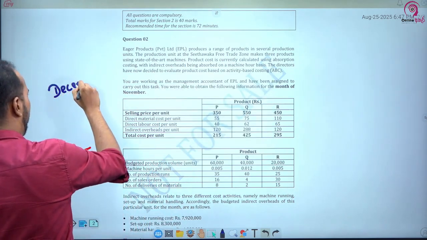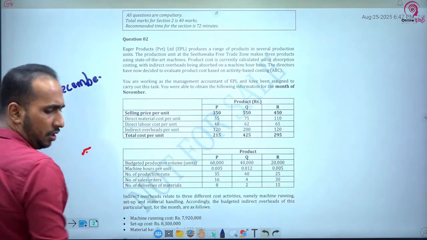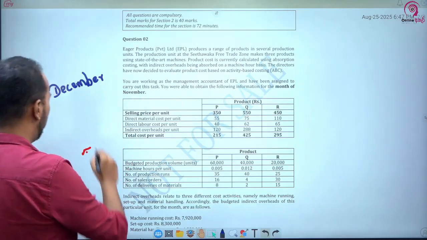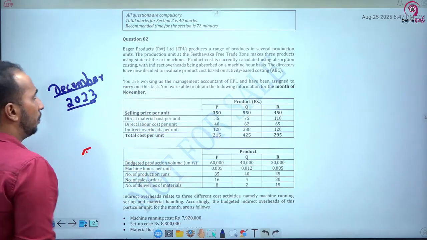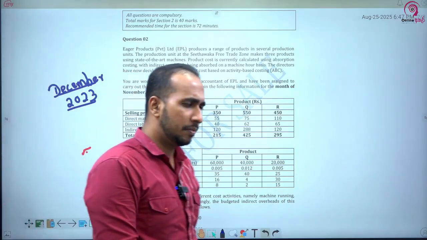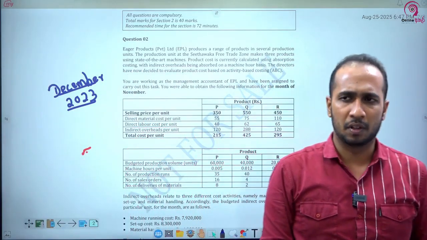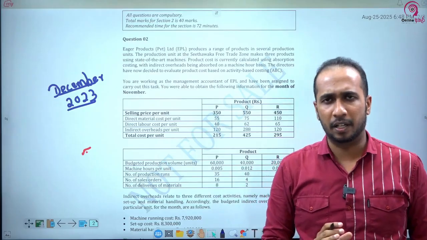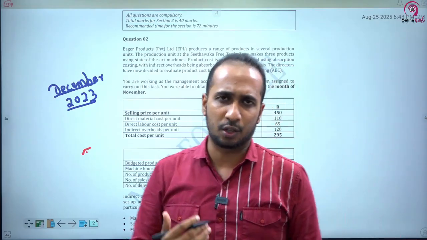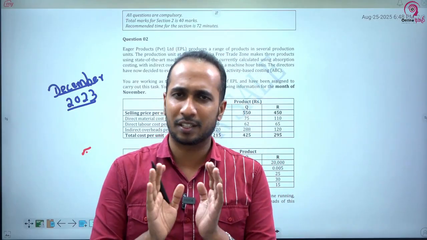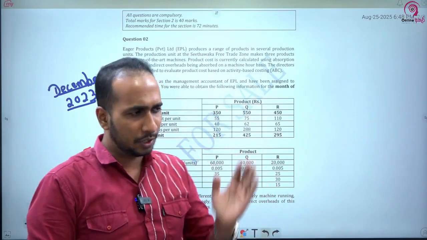So this question is based on activity based costing principles, and your knowledge in activity based costing is necessary to successfully go through this question. So let's go through the question.